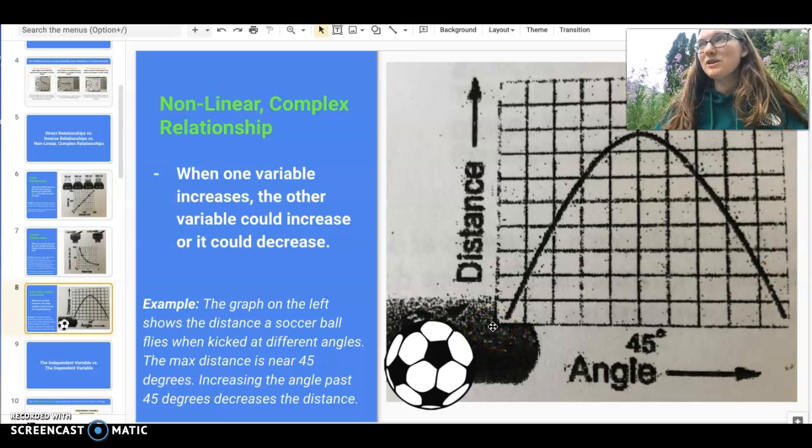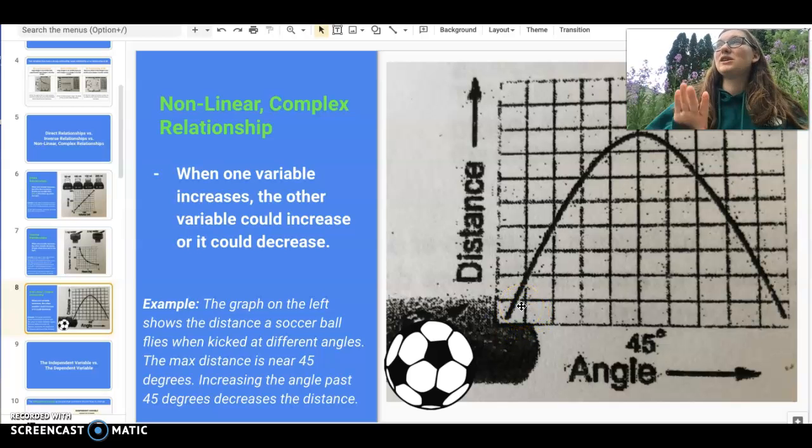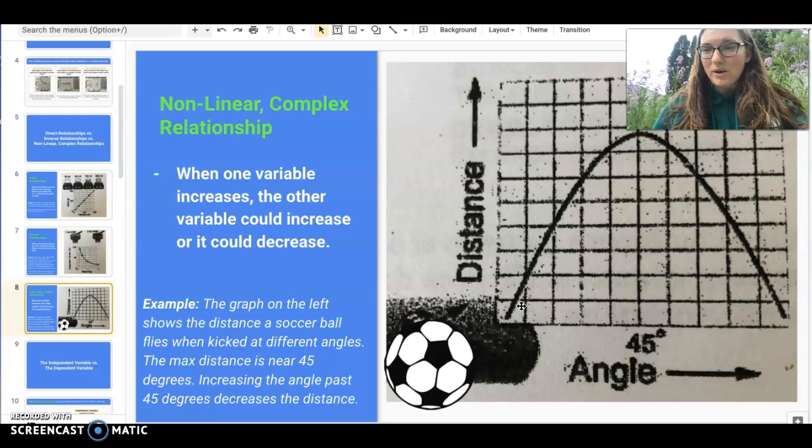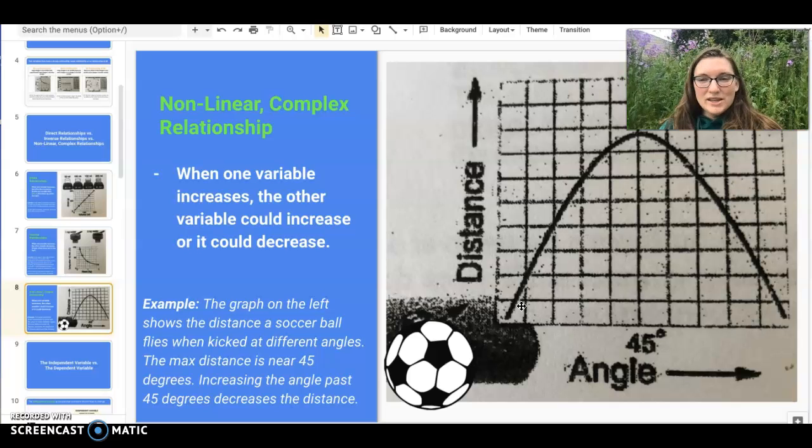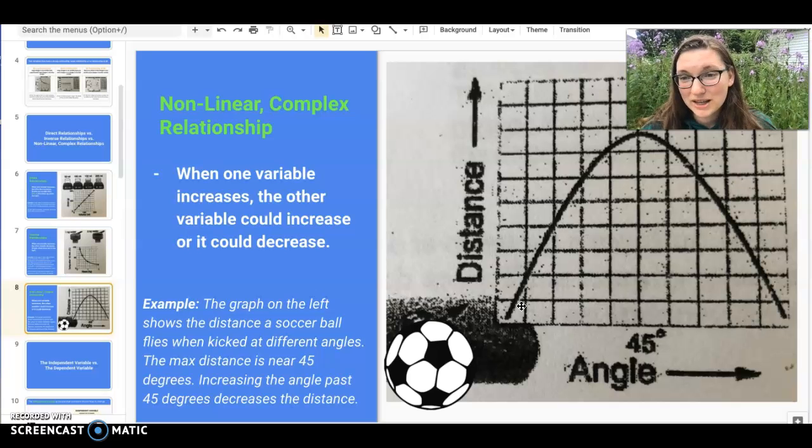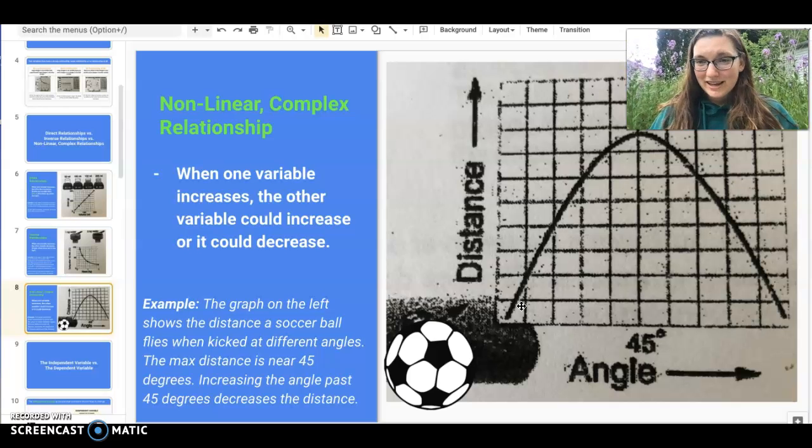So if you're kicking it at an angle that's pretty shallow to the ground, it's not going to go as far. If you're kicking it at a 45-degree angle, it's going to go as far as it possibly can. But if you kick higher than that, it's going to spend most of its energy going more upwards and less distance. That's what this graph is showing. So that's a nonlinear or complex relationship, because the line doesn't just go up and it doesn't just go down.